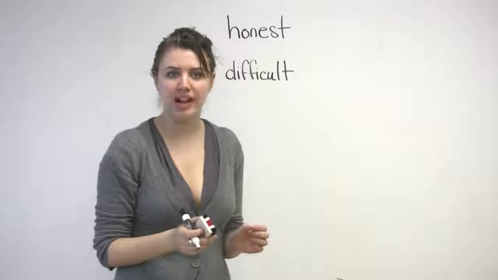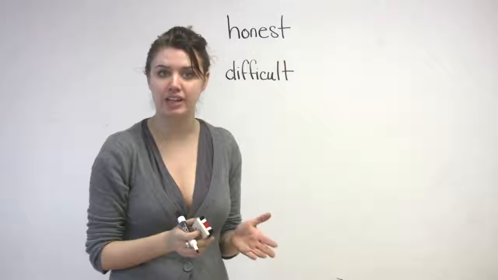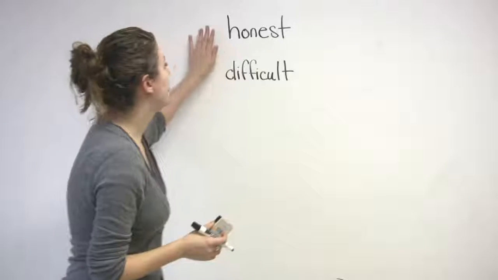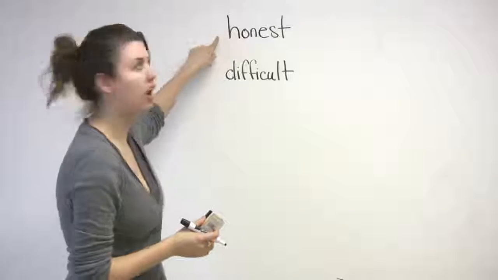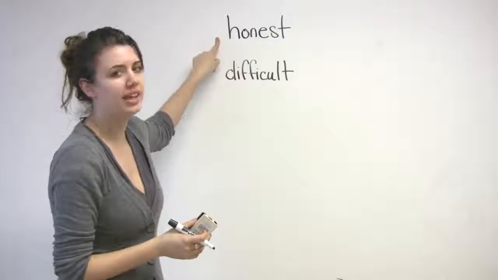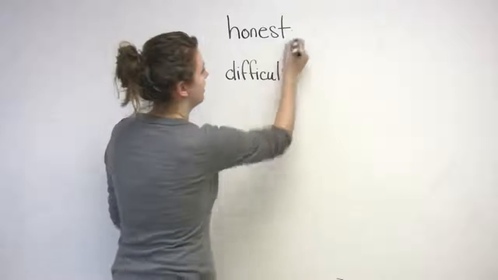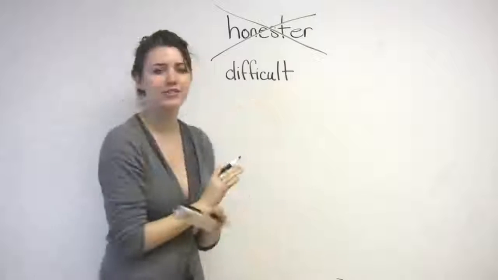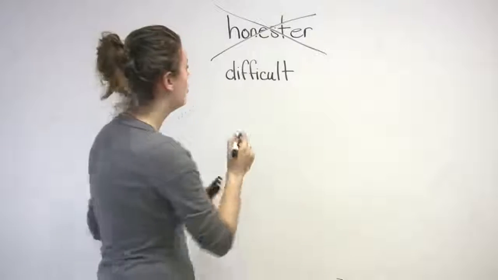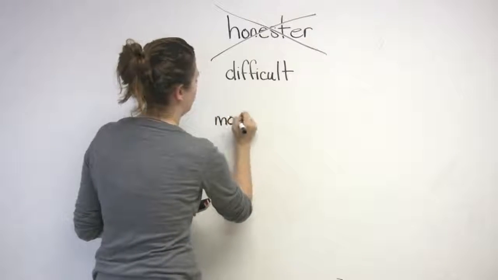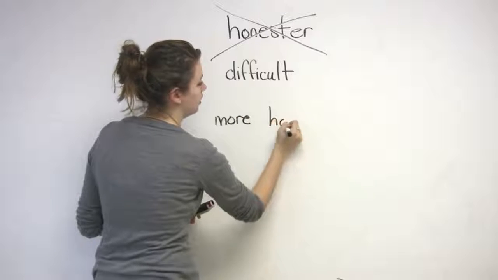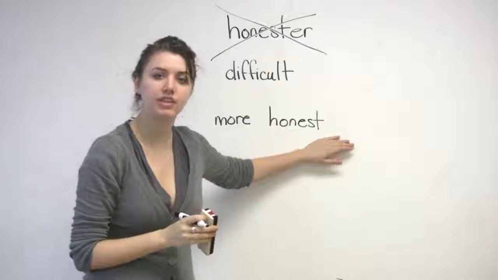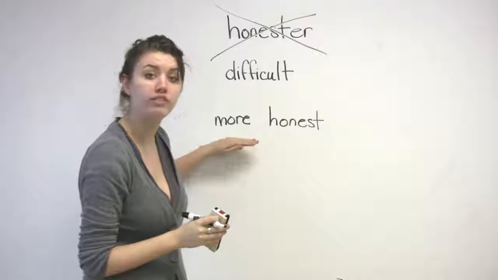With a two-syllable adjective that ended in Y, such as happy, we took off the Y and added IER. So for a two-syllable adjective like honest, we don't say honester. This is incorrect. We don't say honester in English. What we would say is more honest. So we add nothing to the end of the word, we just add the word more in front.